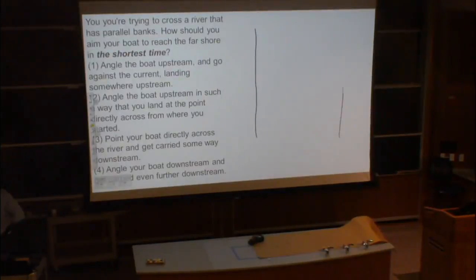Let's say river flows, well, we call it north, we call it up, and that is the velocity of the river relative to the ground. You start here. Well, we have 3 options in general to aim the boat. Something like this, something like this, something like this.